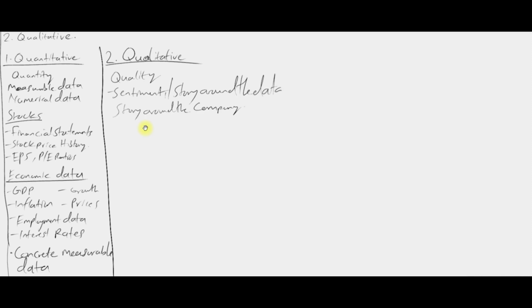This is specific to stocks because if your company is hated, it doesn't matter if your numbers are good. People are just going to short it, people are just going to sell your stock, and your stock is going to crash. That's something to do with qualitative analysis: the sentiment around the company, the story around the company.